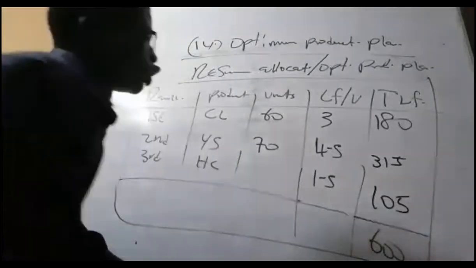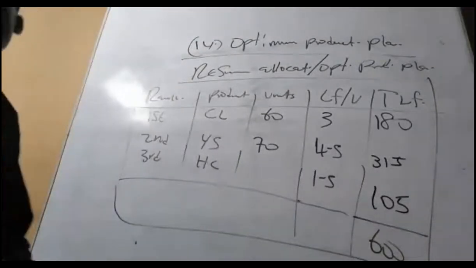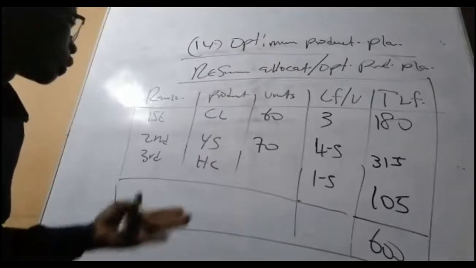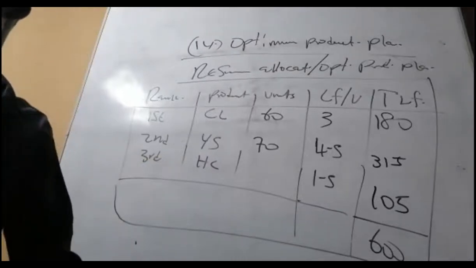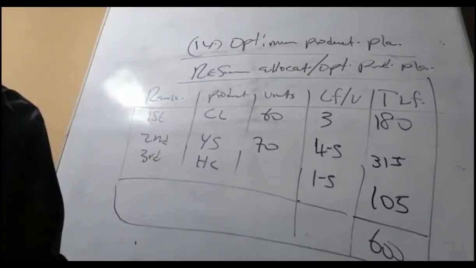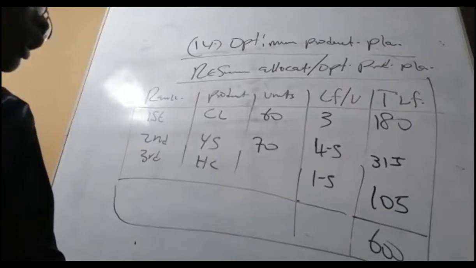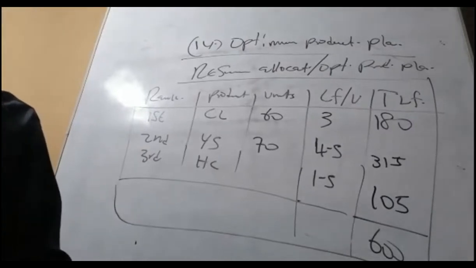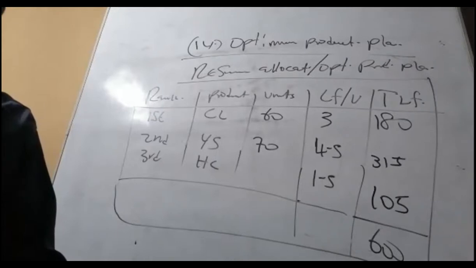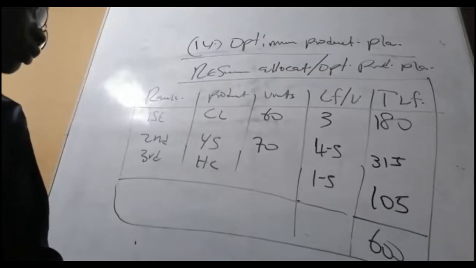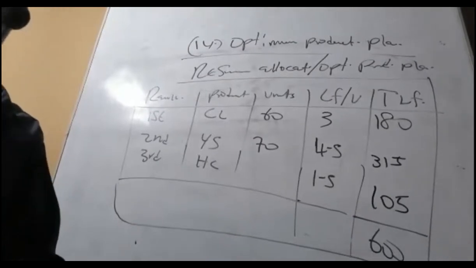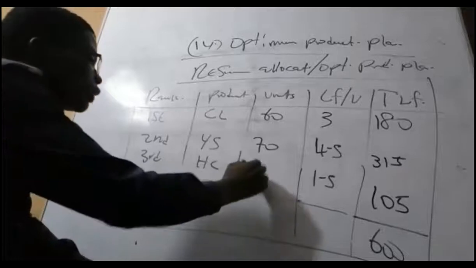We have to use this 105 to produce the AC. With 105 hours, divided by 1.5, it can produce 70. Out of 120, we can produce 70.